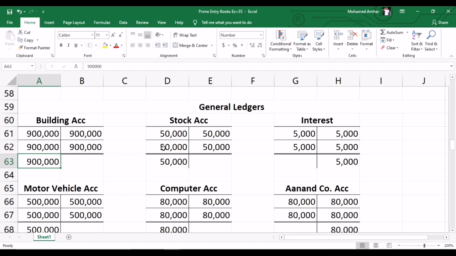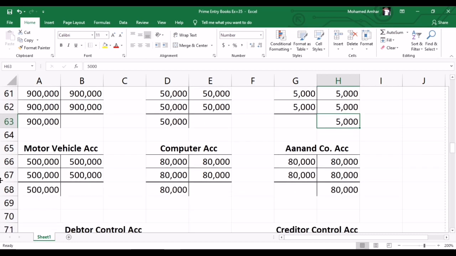Here totals, carried down and brought forward of stock. Interest payable, total, carried down and brought forward. Motor vehicle 500,000 total. This is total, carried down here and brought forward here.